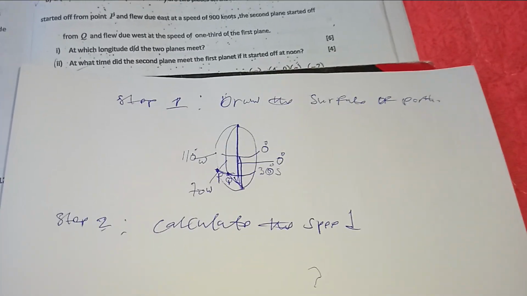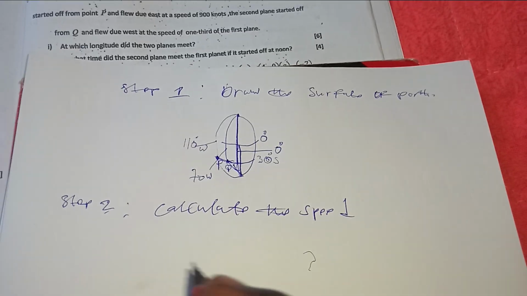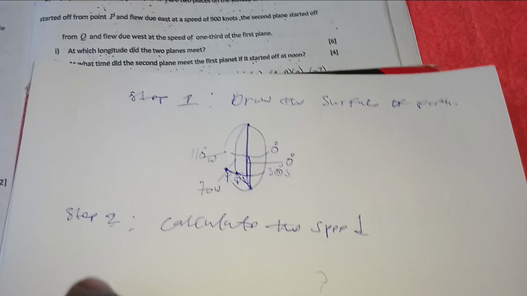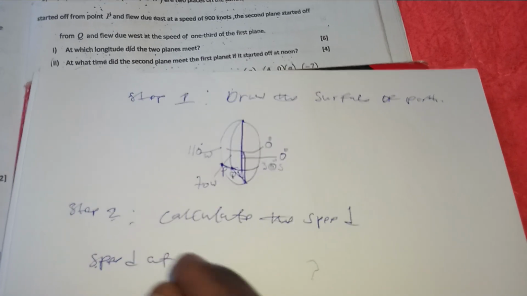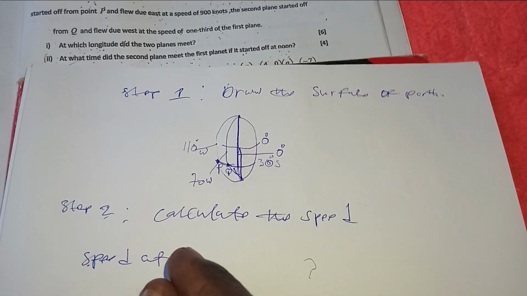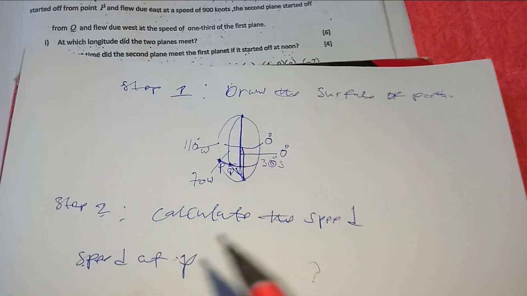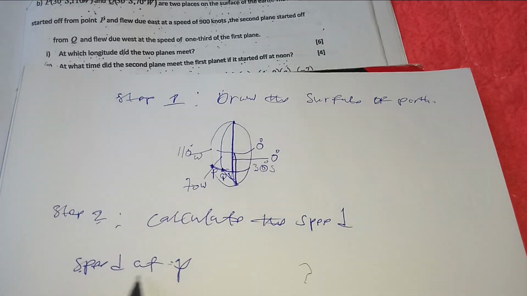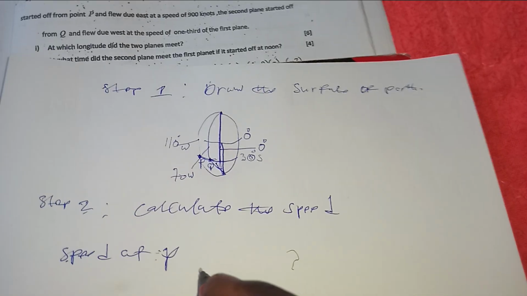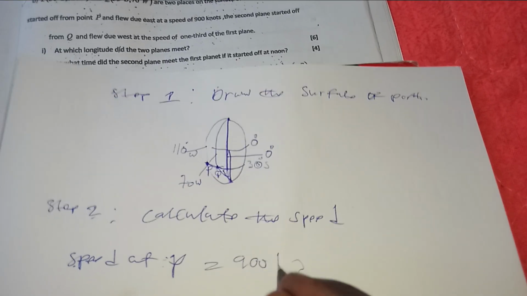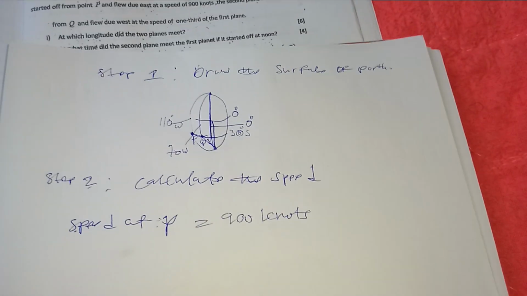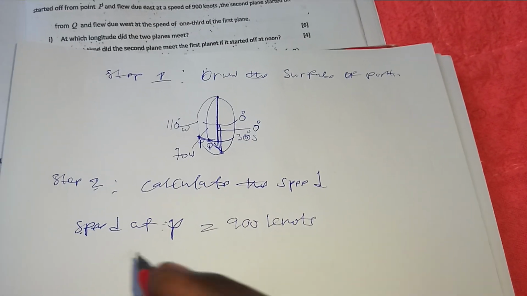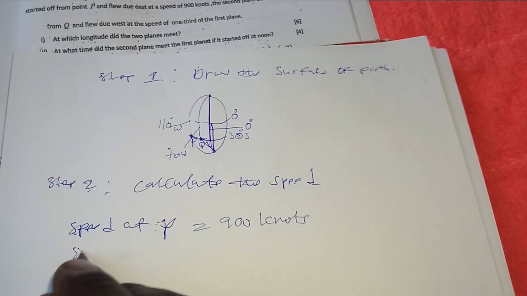Let us calculate the speed. The speed of a plane which started at P is equal to 900 knots.